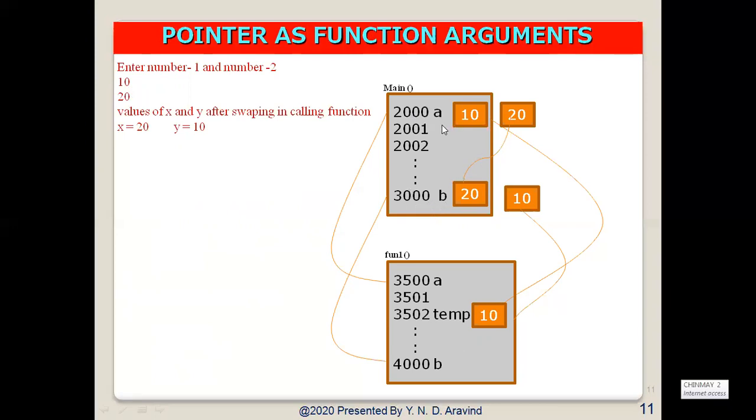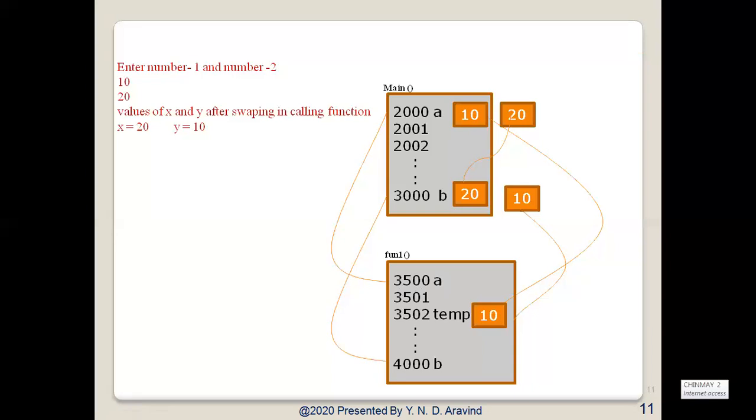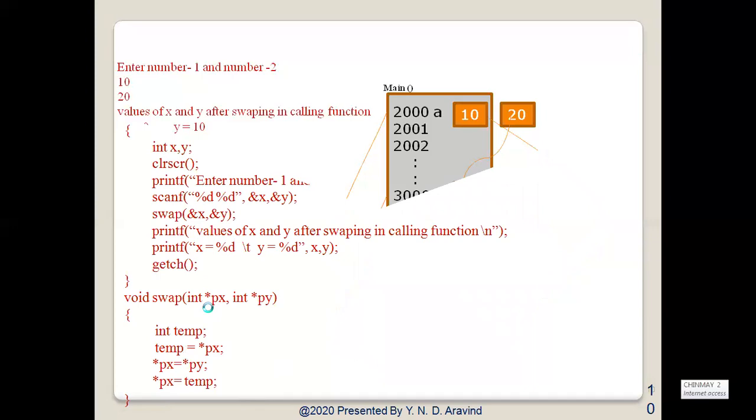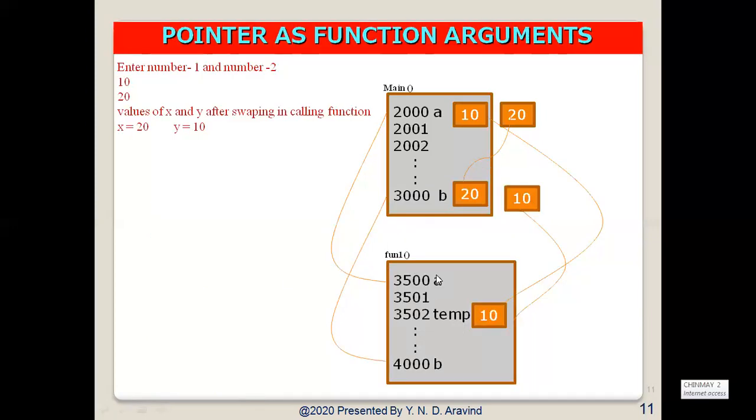When I swap these variables, they are pointed to by the pointer variables. Here is the name I have given: px. It is not a, it is px. The px address is 3005 and the py address is 4000.